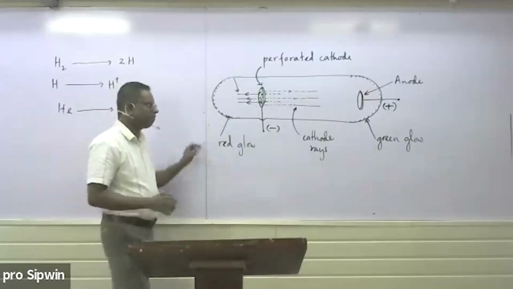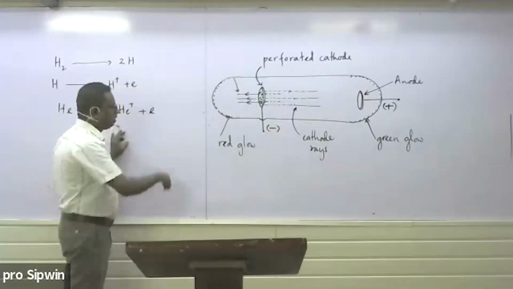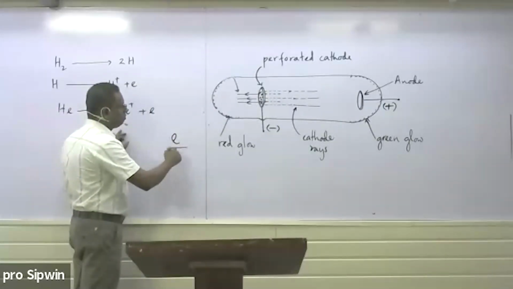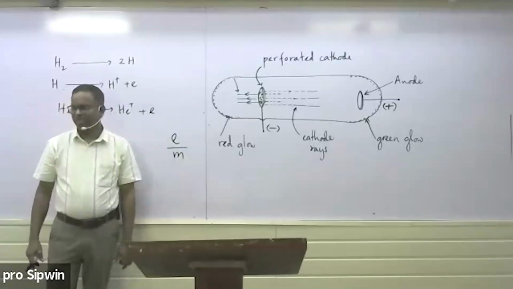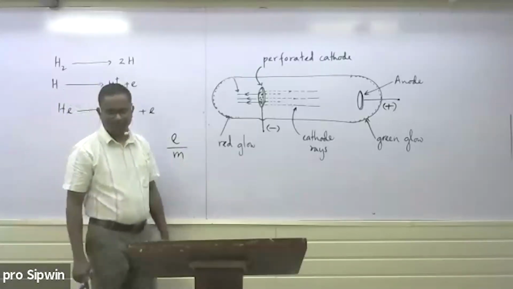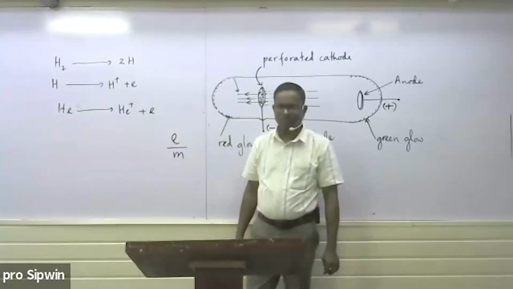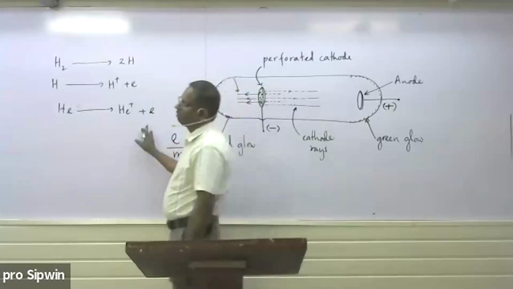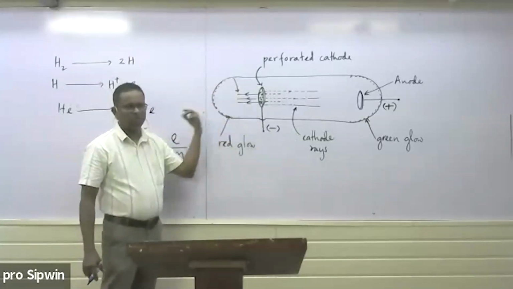Now, earlier, for cathode ray particles, Thomson determined the e/m value and identified that it is a fixed value. In the same way, scientists were able to determine this for positive ray particles.